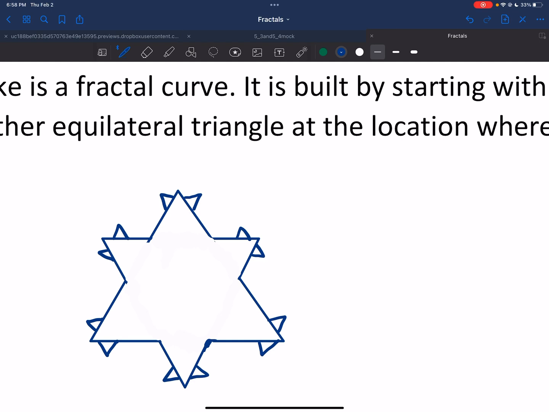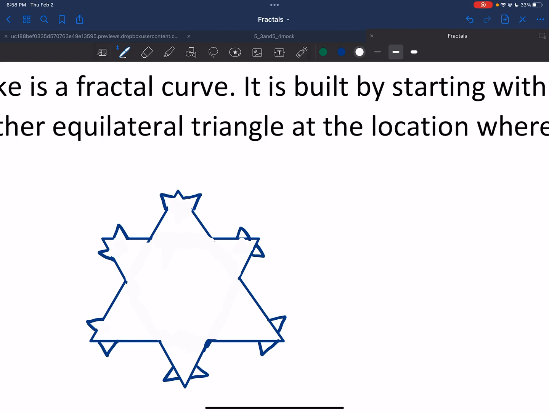Then I'm going to go back in with my white and get rid of those little interior lines. So now it's starting to look like a snowflake.